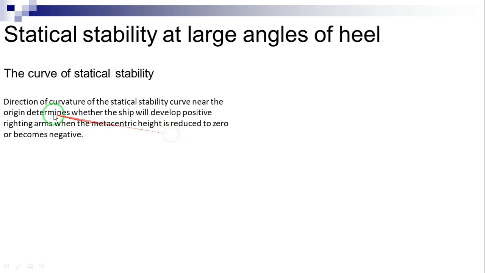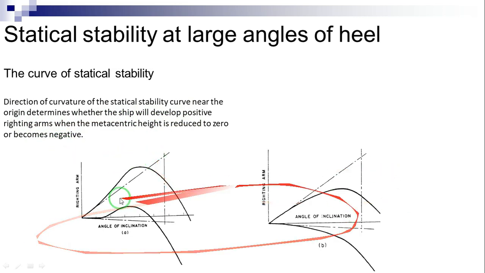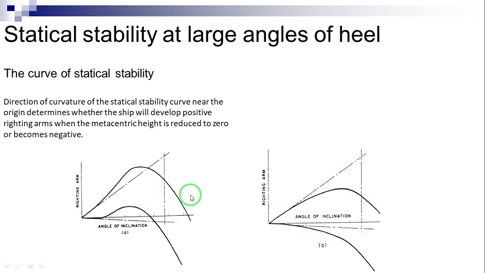Note that the direction of curvature of the statical stability curve near the origin determines whether the ship will develop positive righting arms when the metacentric height is reduced to 0 or becomes slightly negative. For instance, two statical stability curves are shown in these figures for two ships having the same metacentric height but different forms.